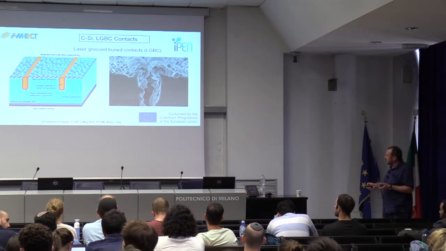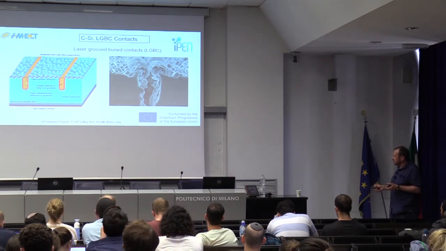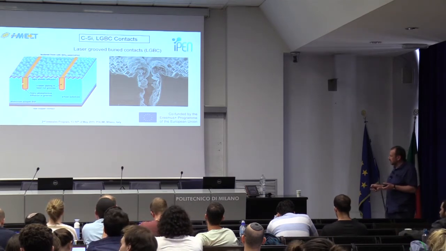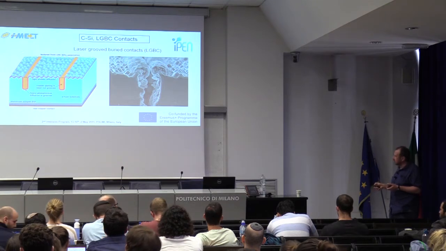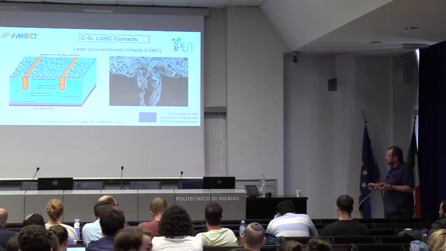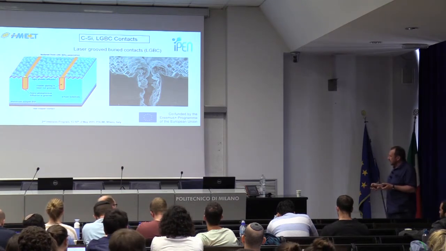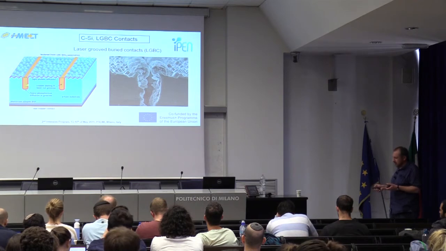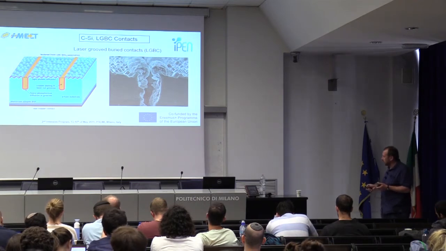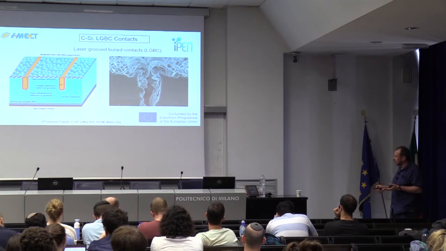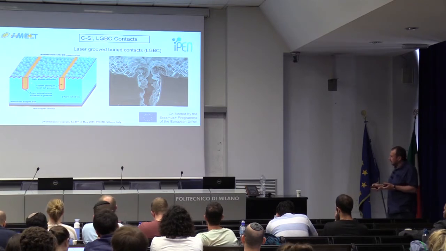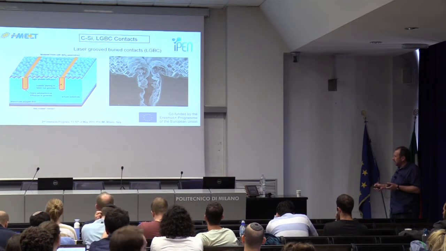Here, relatively deep grooves are made with lasers into the solar cell, and then the inside of this groove is strongly n-doped to further improve the contact between silicon and copper, and then copper plating is done chemically into these grooves.